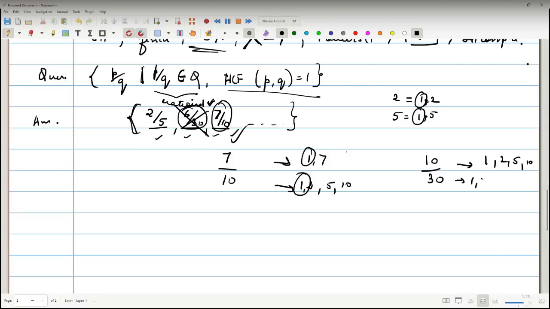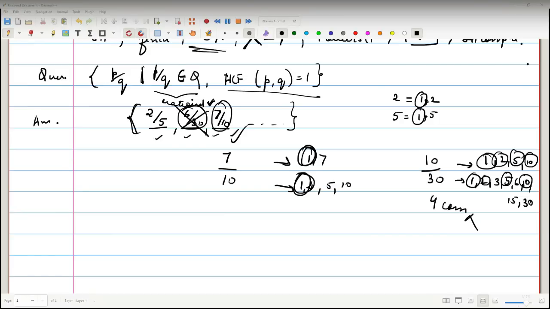For 30, they are 1, 2, 3, 5, 6, 10, 15 and 30. What are the common ones? 1, 2, 5 and 10. Now there are 4 common factors, so this cannot be included. Here only 1 is the common factor. Right. No doubt, we move to the next question.